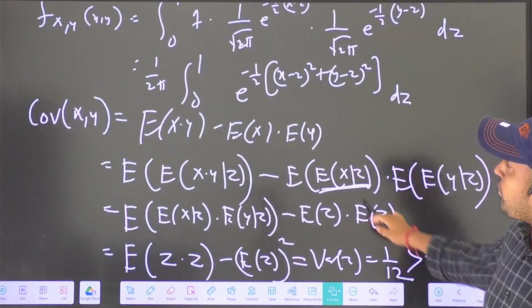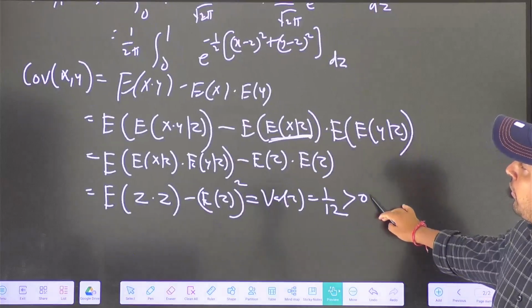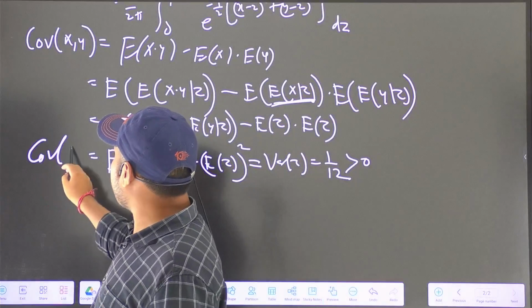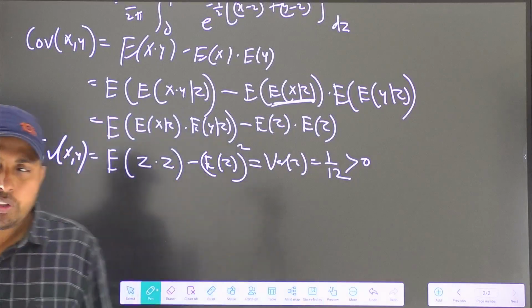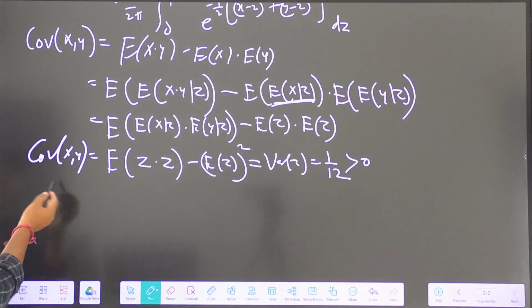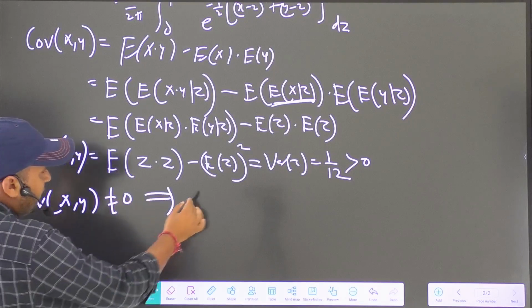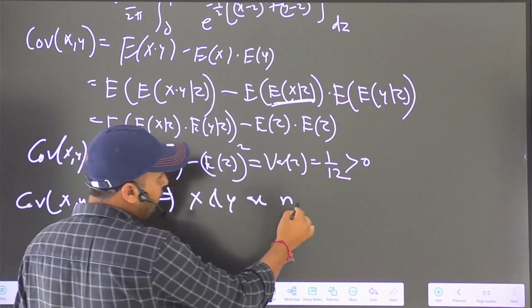So when covariance is positive, what can you say? Can we say x and y are independent? No. The covariance between x and y is non-zero, which guarantees x and y are not independent.